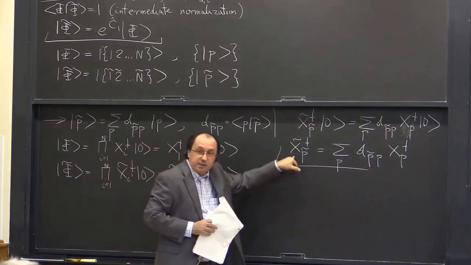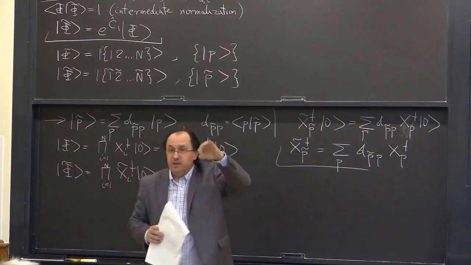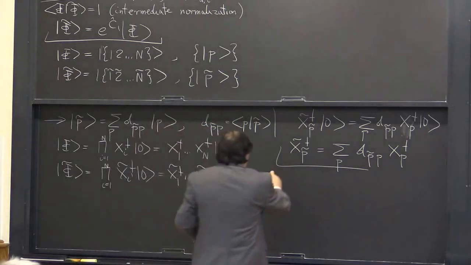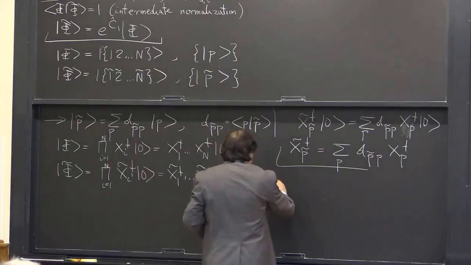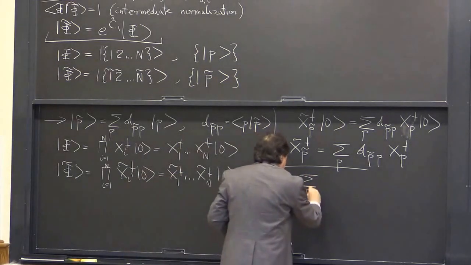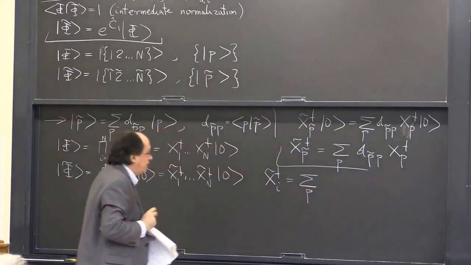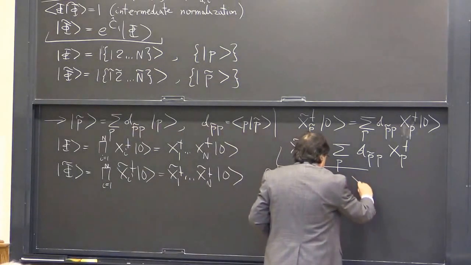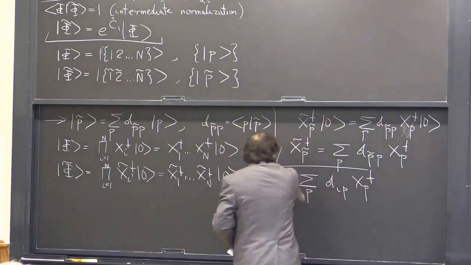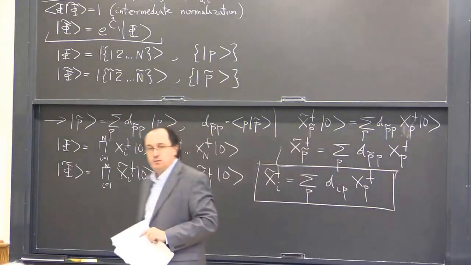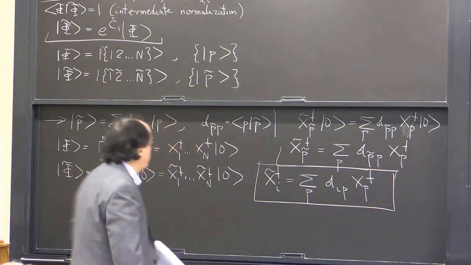So I'll write this equation for p tilde being i, one of the occupied states. Then this relationship becomes xi tilde dagger equals a summation over all members of our original basis p of d i p x p dagger. This is our initial expression that we now need to start working on.